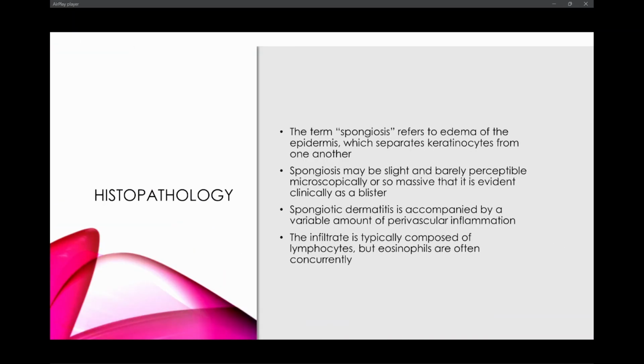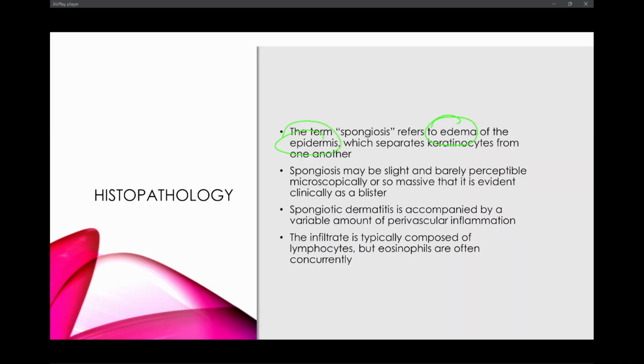The term spongiosis refers to the edema of the epidermis. Okay, so it's edema, it's spongy. That's why I think of a sponge. It's got water in there, filled with all little holes, and you get a sponge. It may be slight, barely perceptible microscopically, or so massive that it shows up like a blister.